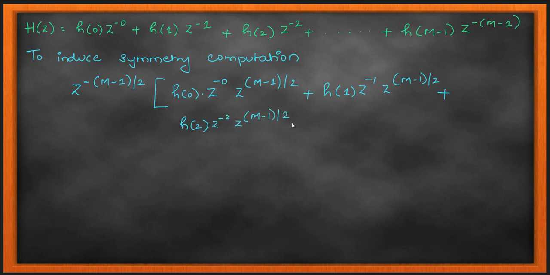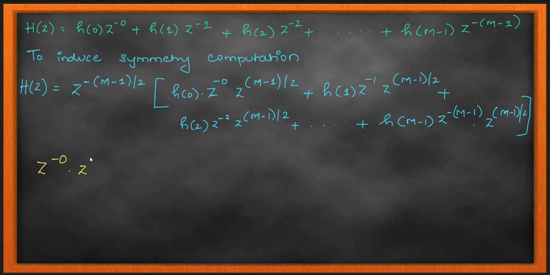In order to induce symmetry in this generalized equation, that is H of z, what I have done is take z to the power of minus (M minus 1) by 2 outside. That z to the power of minus (M minus 1) by 2 is my center of symmetry, right? So that will be the middle element, the center element. (M minus 1) by 2 will be the center element, and that is where my symmetry starts.